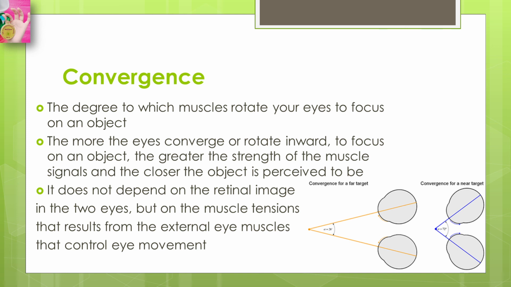Now, the more our eyes converge, the closer an object appears to be, and in order to see close objects, our eyes turn inward towards one another, and the greater this movement, the closer such objects appear to be. Now, convergence is a neuromuscular cue. It is caused by the eyes' greater inward turn when they view a near object.